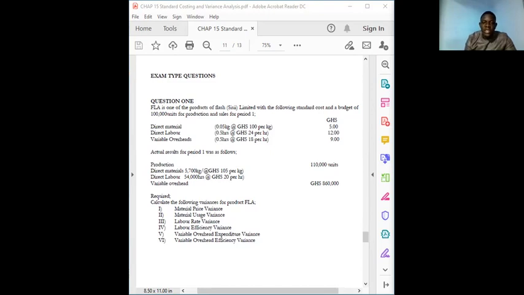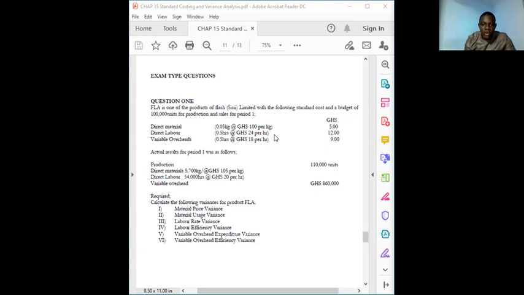Okay, good. Now the actual rate of pay: direct labor hours used was 54,000 hours at 20 Ghana cedi per hour. So the actual rate is 20 cedi per hour. Then the standard rate, we had planned to pay 24 Ghana cedi per hour.